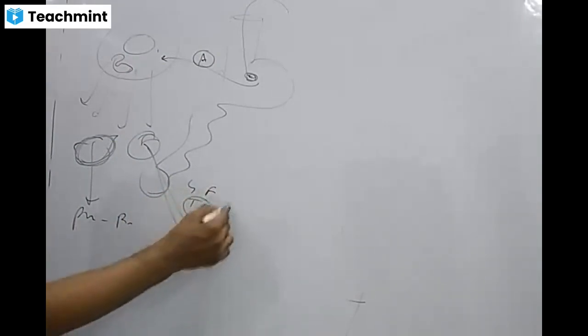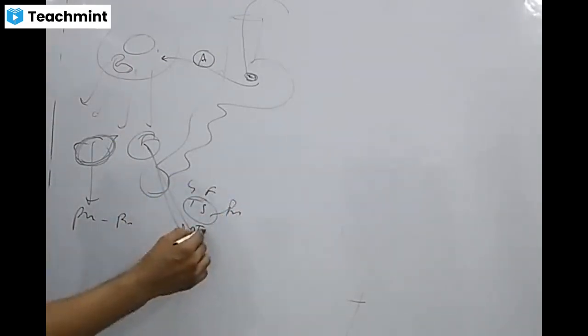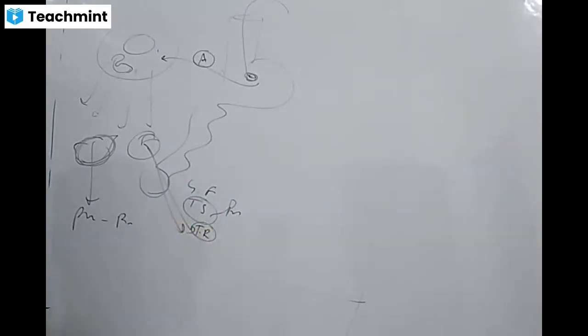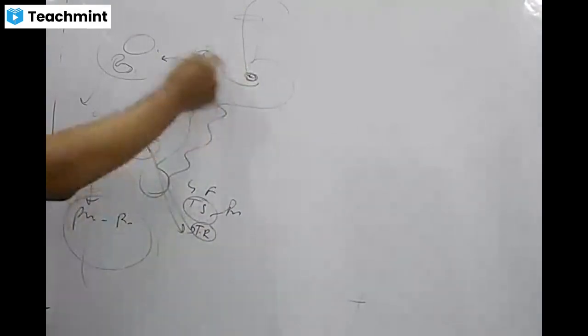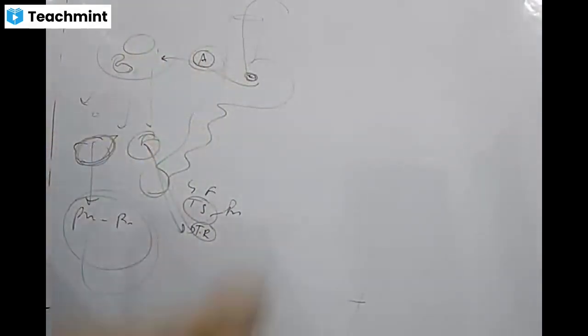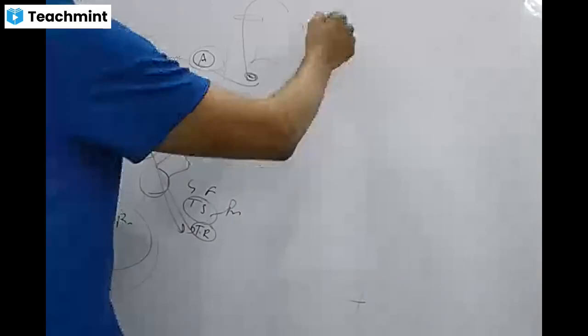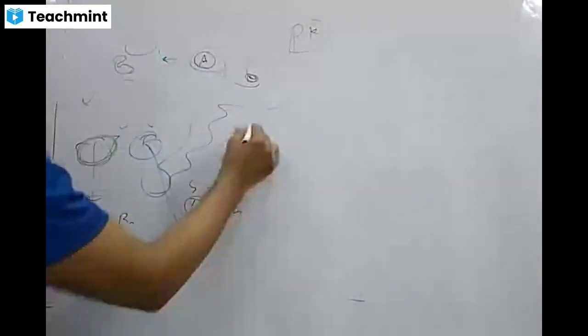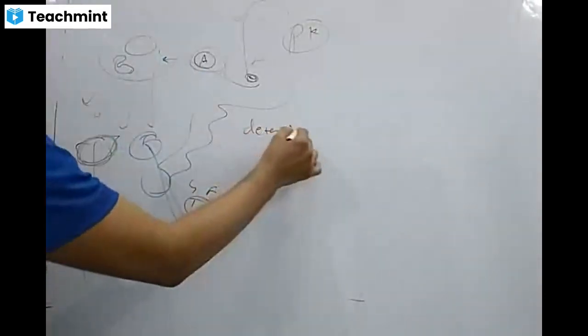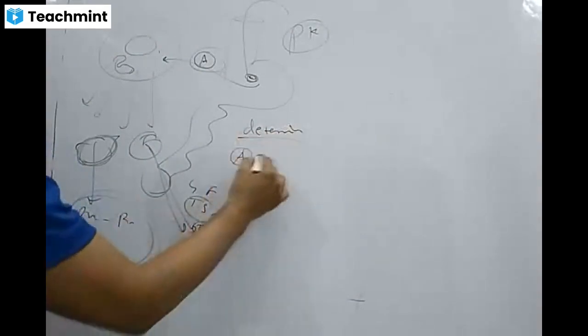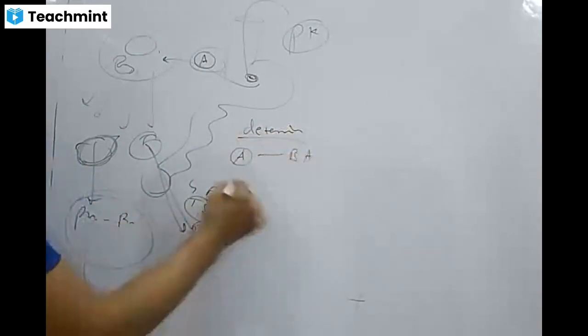some drugs by tubular secretion, like penicillin, and by tubular reabsorption. So these were the ADME processes known as pharmacokinetics. And the determinants we studied: how to measure absorption, that parameter was bioavailability.